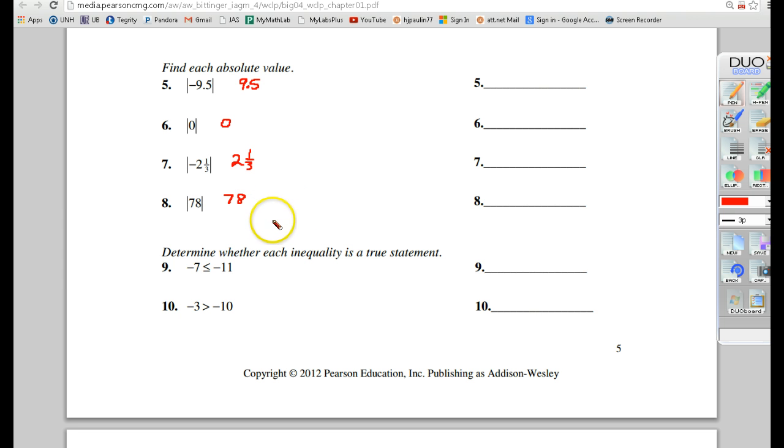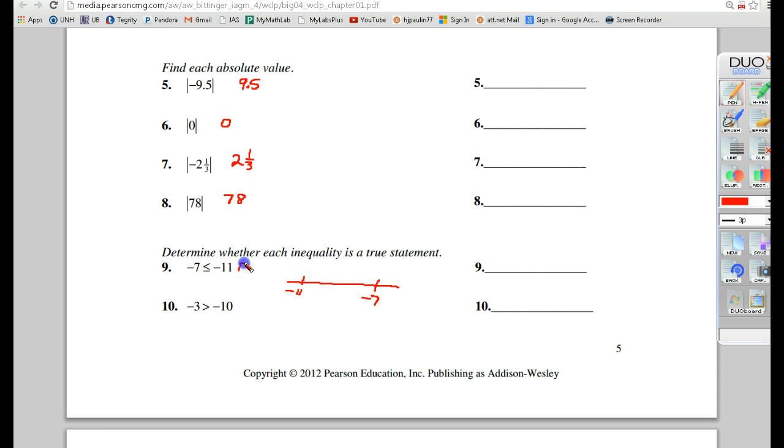And we want to know here whether each statement is true or not. Is a negative 7 less than or equal to a negative 11? Well, remember, on a number line, negative 7 is there, negative 11 is there, so negative 7 is actually greater.